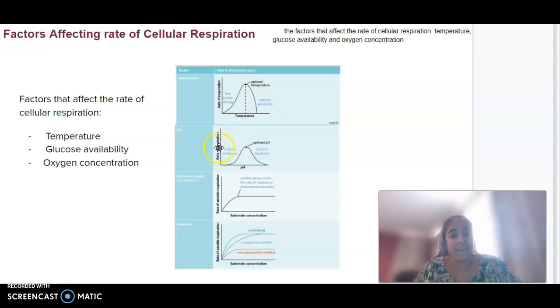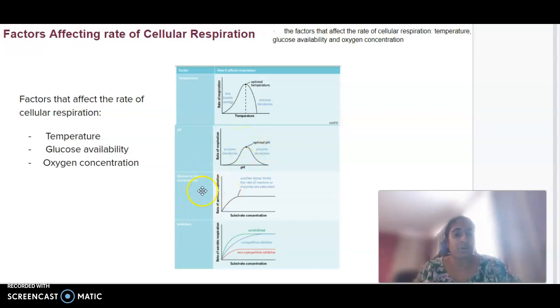In terms of pH, kind of like what we were looking at in a previous video with enzyme function, if it's too low or too high, above or below the optimum pH, the enzyme is denatured, therefore the rate of respiration is going to be lower. So it's going to be the best at its optimal pH.